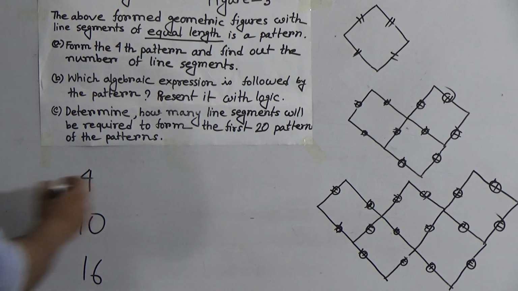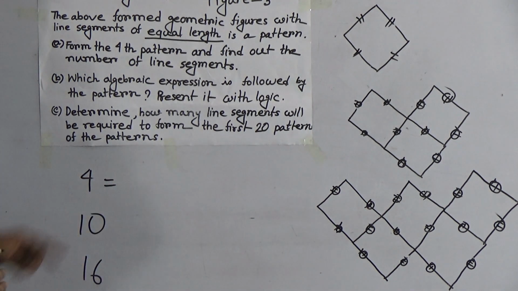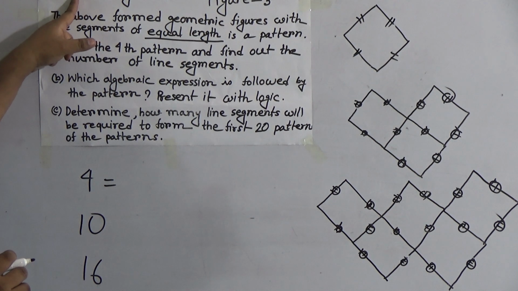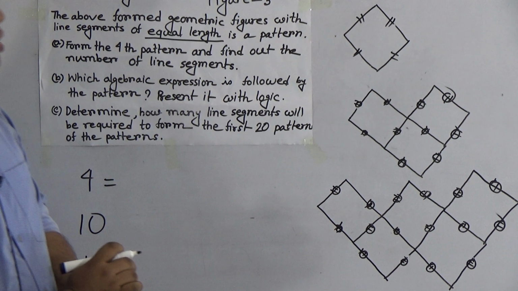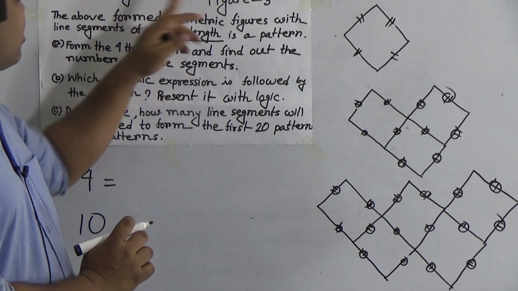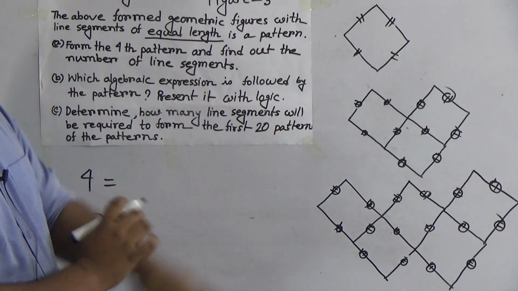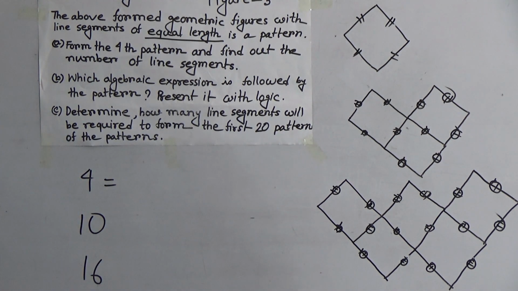Okay, so notice 4, 10, 16. The basic difference of these 3 numbers is 6. That means when we go from the first figure to the second figure, 6 line segments are added. When we go from the second figure to the third figure, another 6 line segments are added.